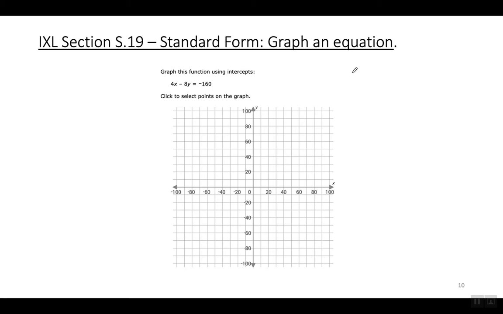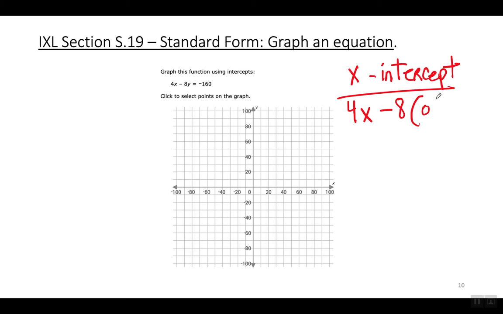A few more examples. So again, to find the x-intercept, I'm gonna make y equal to 0 and solve for x.